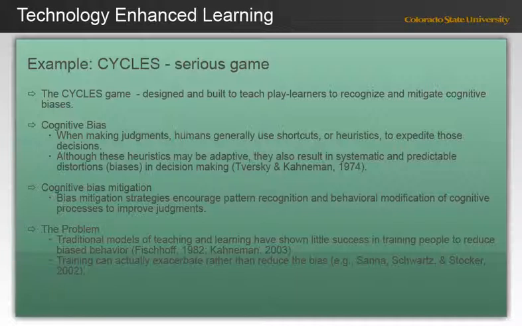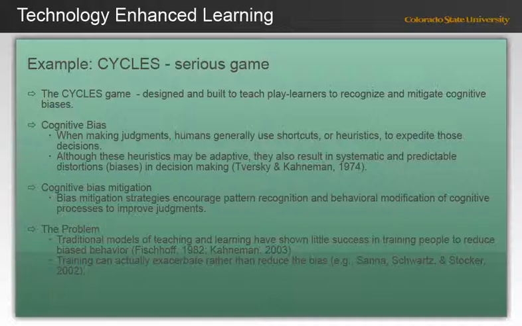The literature describes different ways that people can learn to identify these cognitive biases, and then different mitigation strategies that they can use to prevent poor decision making.